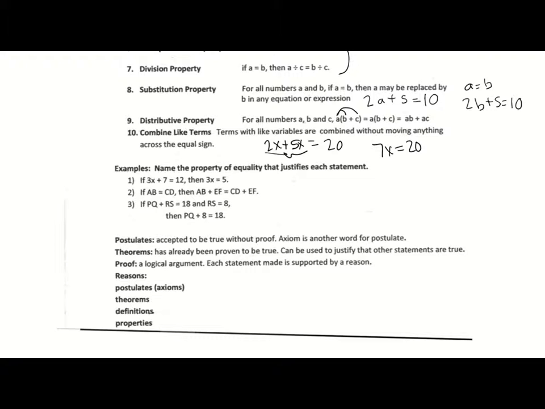So how did we get to that new equation? Well, if we subtract 7 from both sides, you have 3x plus 7 equals 12. Subtract 7, that's how we get 3x equals 5. So that is our subtraction property.